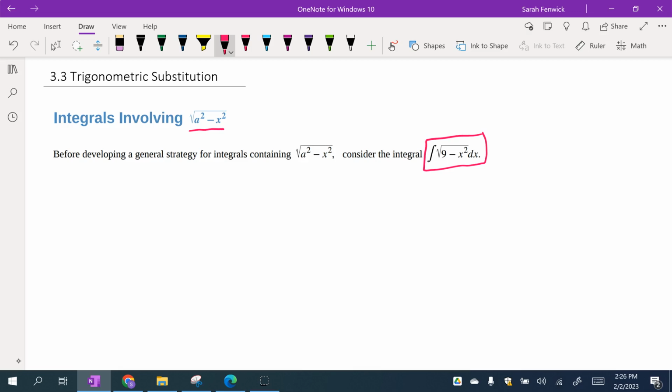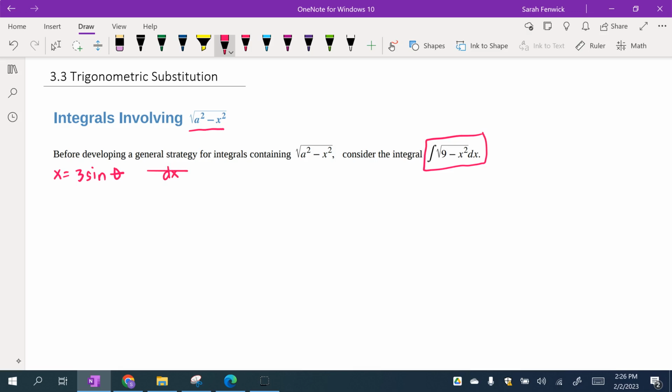So we're going to use what's called trigonometric substitution, and we're going to go deeper into it in just a little bit. But for right now, we're going to say x is 3 sine theta. Well, if we're changing x to theta, then we have to also change dx.